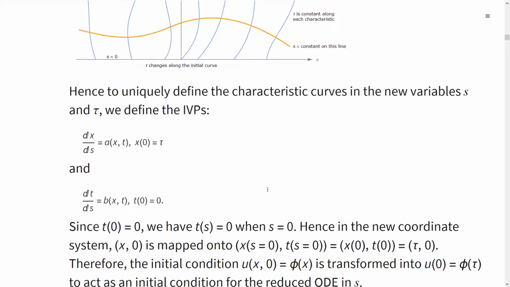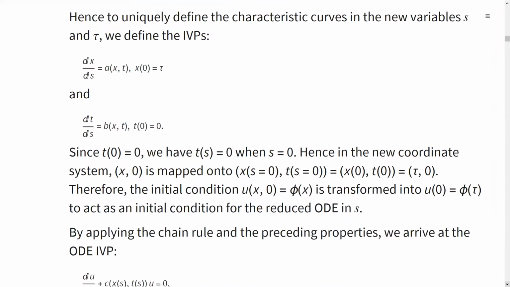In the new coordinate system, (x, 0) is mapped onto (tau, 0). Therefore, the initial condition is transformed into u(0, tau) equals phi of tau, to act as an initial condition for the reduced ODE in s.